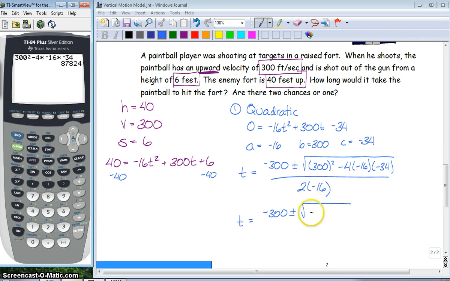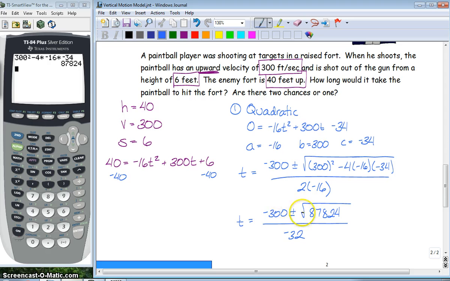Hit enter. And the number I get under the square root is 87,824. And that's all over, I'm going to clean this up a little bit, 2 times negative 16 is negative 32.